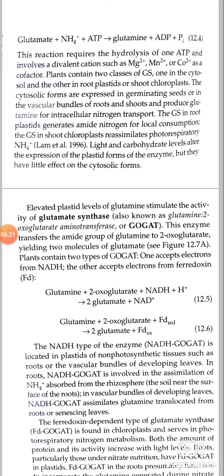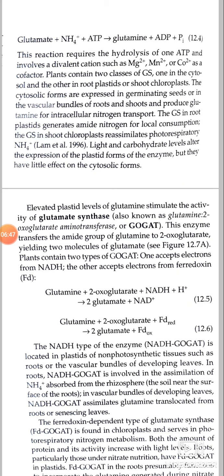The ferredoxin dependent type of glutamate synthase is found in chloroplasts and serves in photorespiratory nitrogen metabolism. Both the amount of protein and its activity increase with light levels.